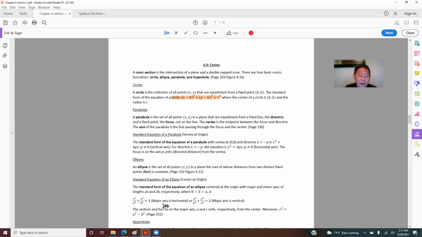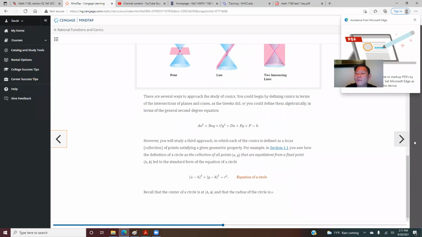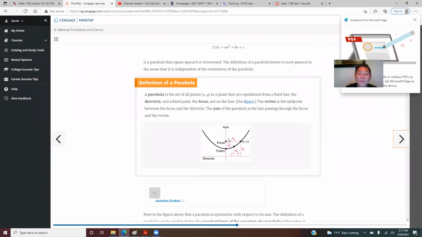So what is going on in this case? I'm going to show you the picture of it. This is the definition of a parabola. This is the parabola, and it is a set of points (x, y).